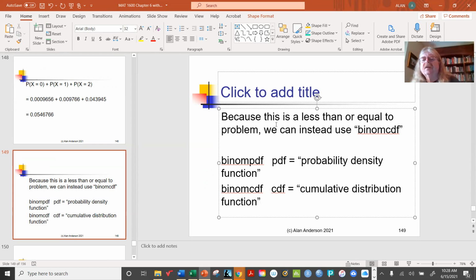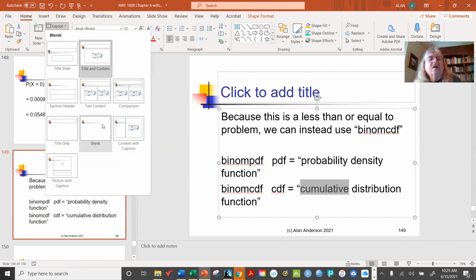The key word there is cumulative. Cumulative means less than or equal to. And that's why we're resorting to this with a less than or equal to problem.